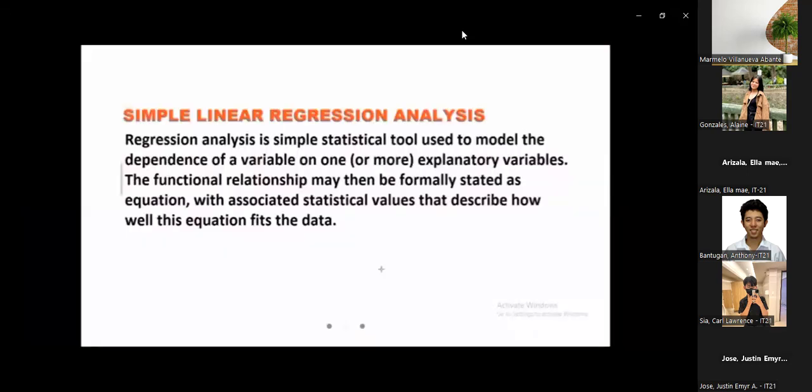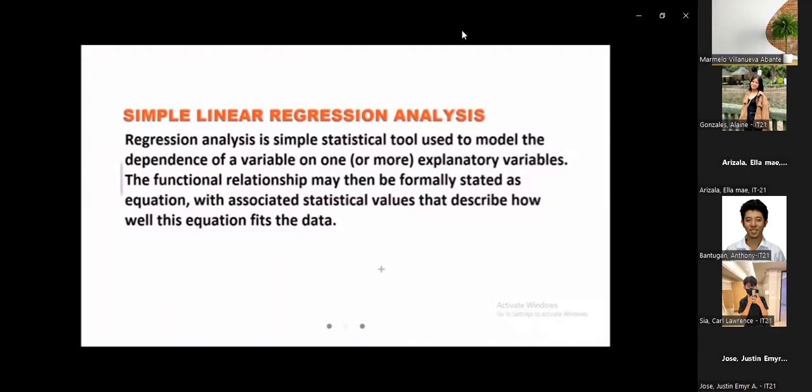So now I'm going to discuss the types of linear regression analysis. Actually there are two types of linear regression analysis. The first one is the simple linear regression analysis. The second one is the multiple linear regression analysis. But we're just going to discuss the simple linear regression analysis.